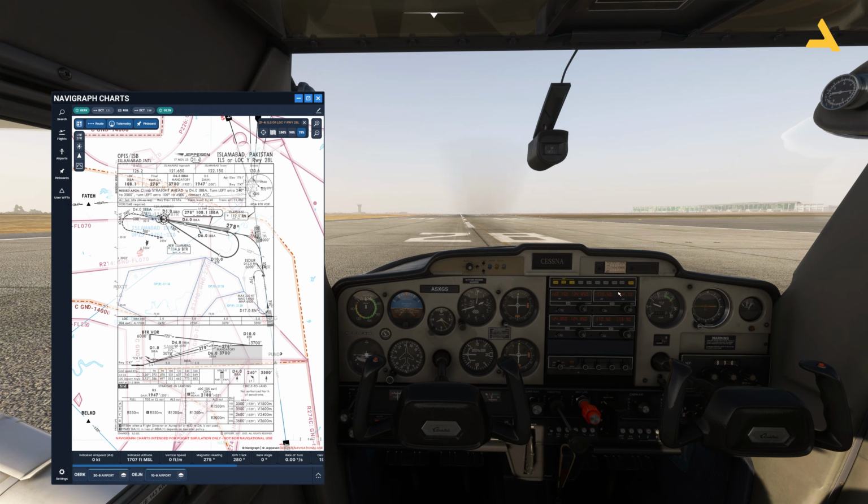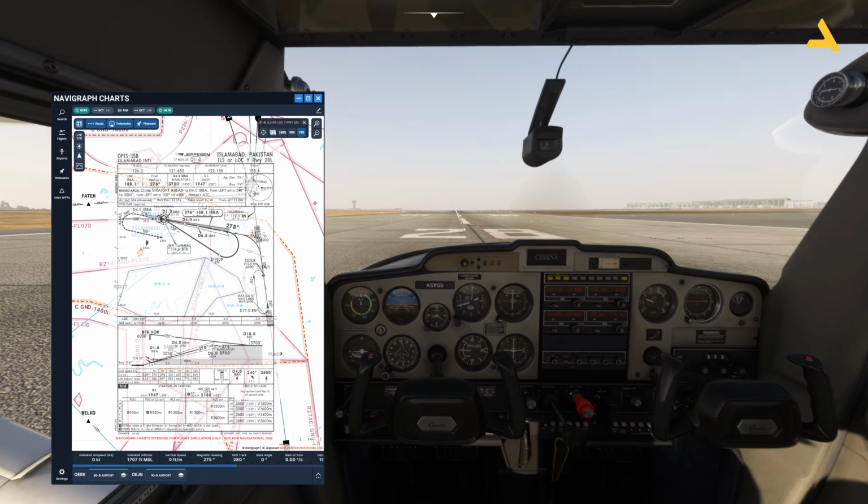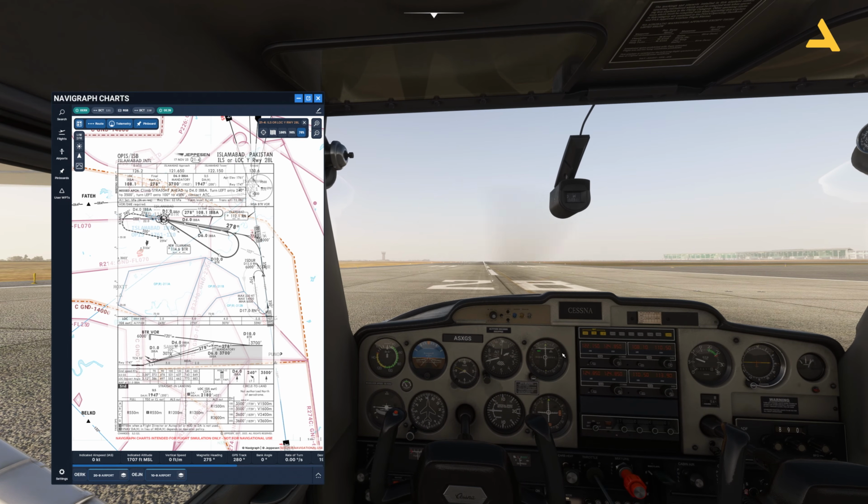As soon as I make this frequency the active frequency, you will see this CDI, the course deflection indicator, coming to life. Here it is. So now it's there, and this nav thing is coming. So it means you are actually tracking this frequency and it's active and the plane is picking up its signals.